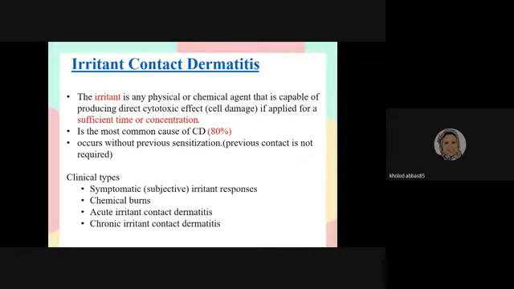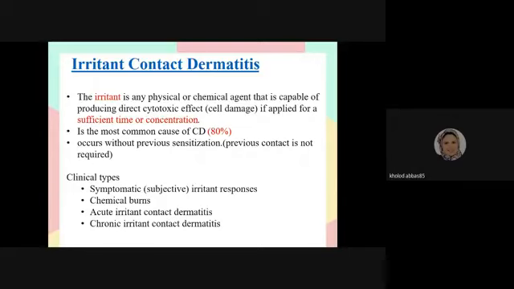Clinical types: either a symptomatic irritant response, which is subjective, where the patient comes to you and immediately has redness and irritation, or vesicles and papules that develop at the site of irritant exposure. Chemical burns: exposure to an acid or chemical factors, sometimes even corrosive materials, can cause chemical burns.